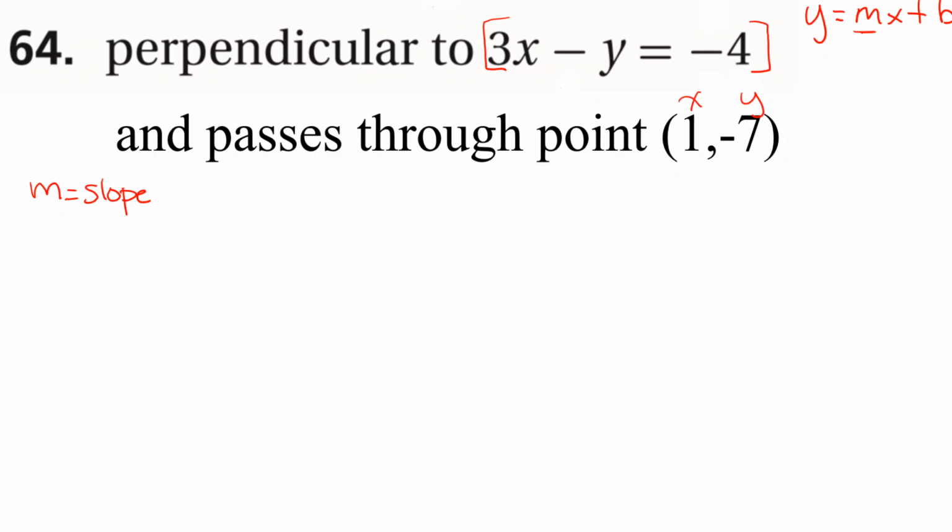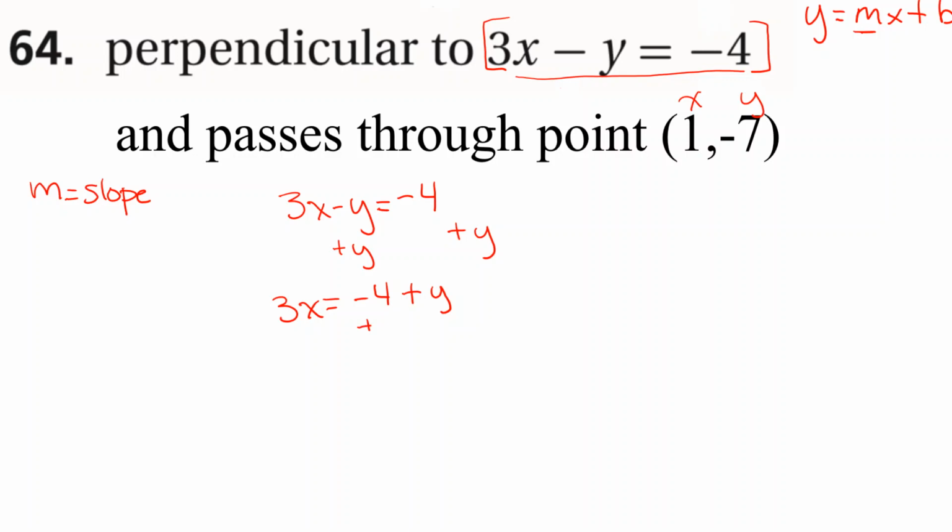Although this equation is not written in slope-intercept form, we can get it into slope-intercept form by solving for y. So let's go ahead and do that. We have 3x minus y equals negative 4. I'm going to add y to both sides, and that leaves me with 3x equals negative 4 plus y.